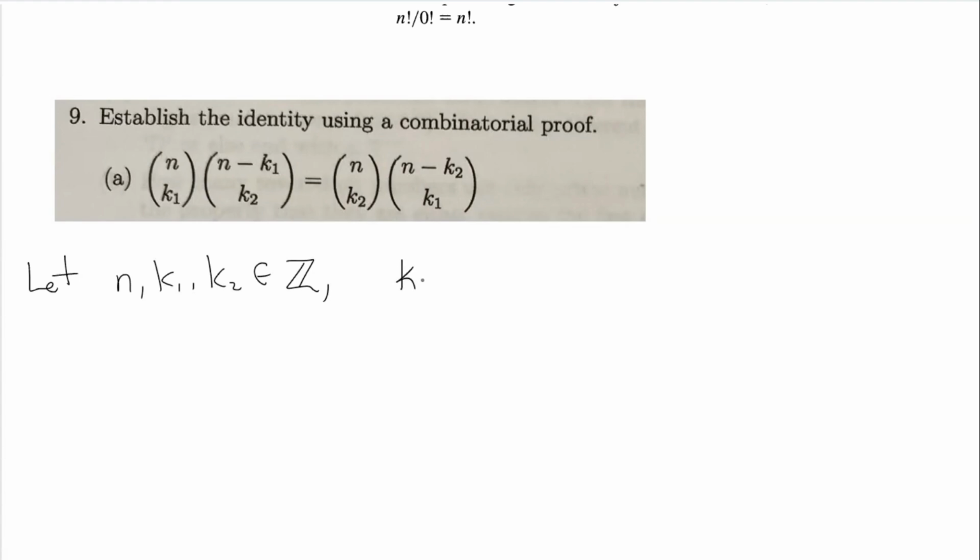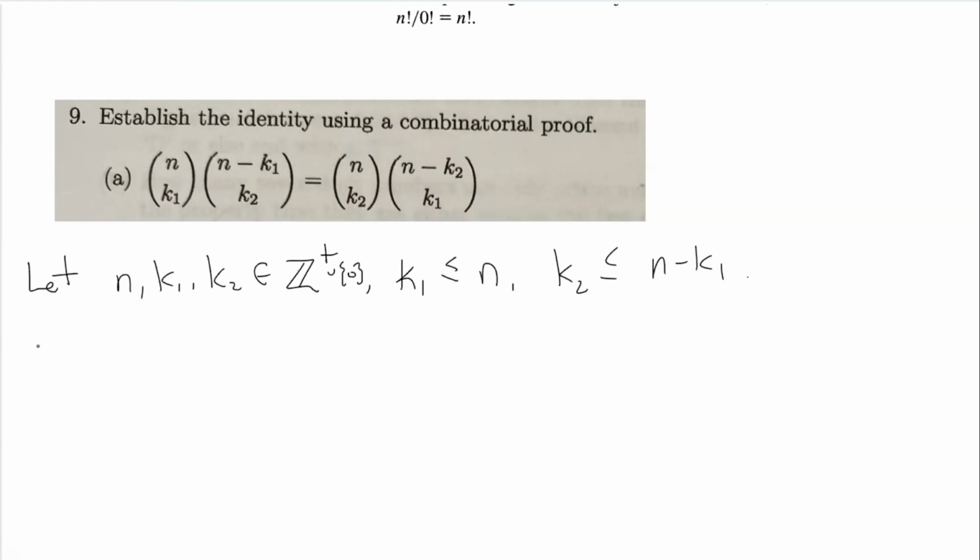They're all positive integers or zero, I guess. And then k1 must be less than or equal to n, and k2 must be less than or equal to n minus k1, right? Certainly you can't choose more than you've got. Okay, and so that sets up the variables.